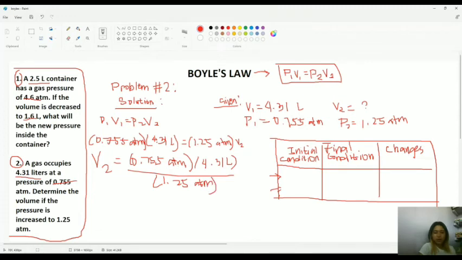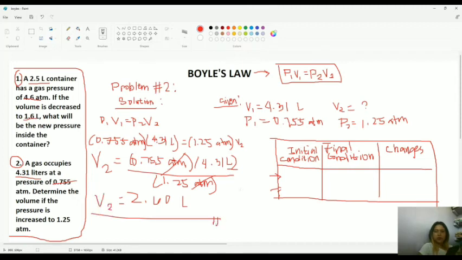Since dito sa taas or sa numerator may atmosphere, so cancel out the same unit and solve. Just round off na lang. That is 2.60, yung unit liters. So this is now our final volume.